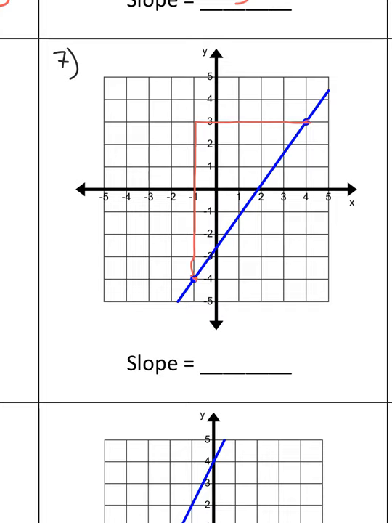So starting down here, my first point, we go 1, 2, 3, 4, 5, 6, 7. So that's up 7. And then 1, 2, 3, 4, 5. To the right 5. So up is positive 7. To the right is positive 5. 7 over 5.